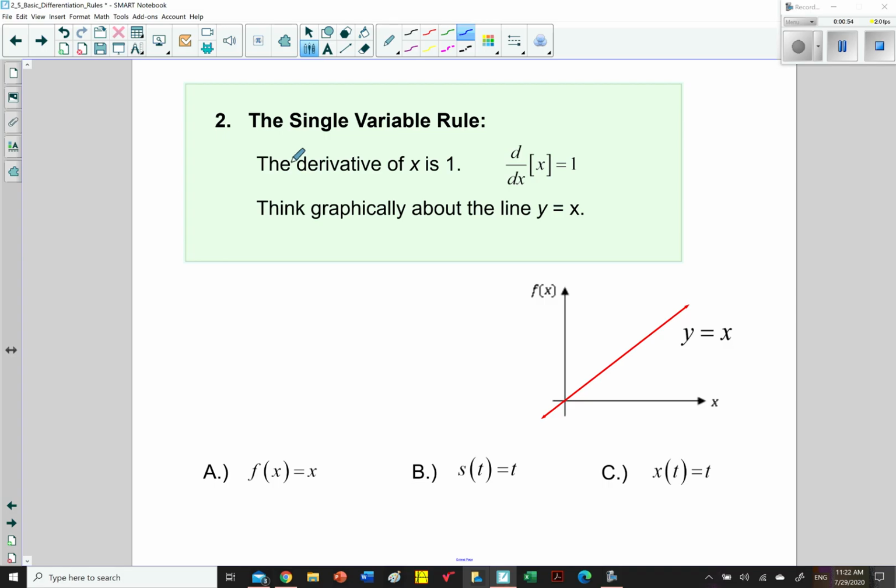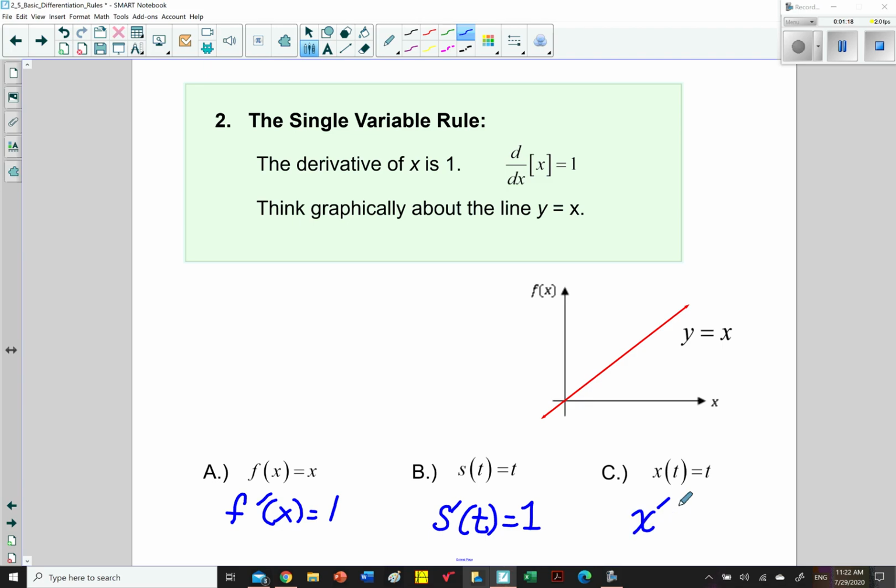Looking at the single variable rule, it's pretty much the same way. If I have any function that's y equals 1x or y equals 1t or x of t equals 1t, the derivative for each one of these functions would be 1. The slope of the line is 1, and the slope of the tangent line would have the same characteristics.